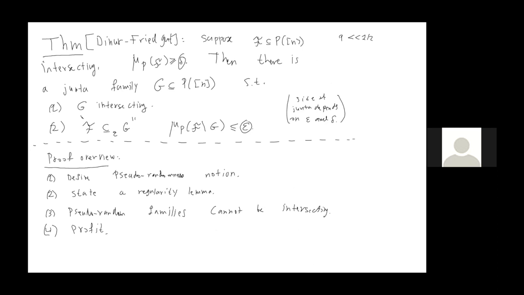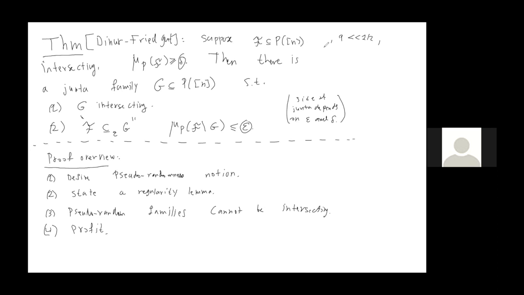I should have said that. And we know that the family is intersecting and sizable. Then the only way it can be is if F is nearly contained in an intersecting junta.